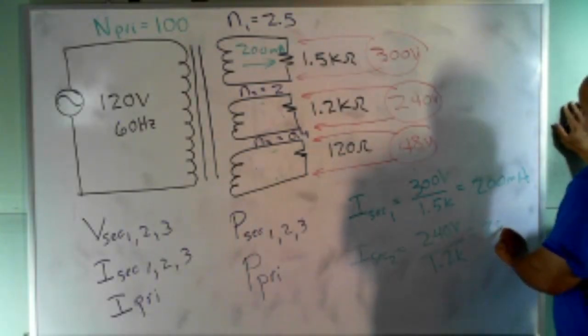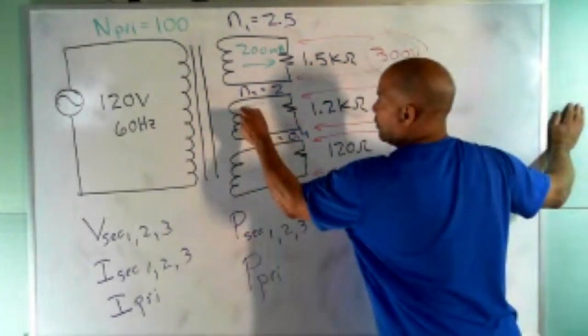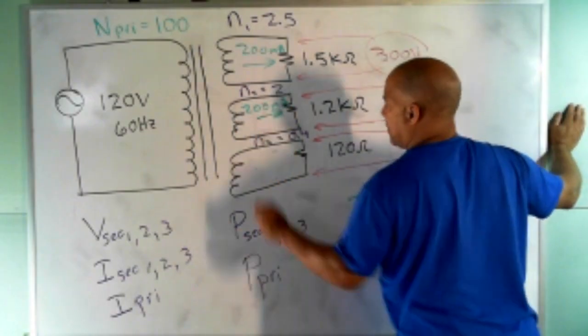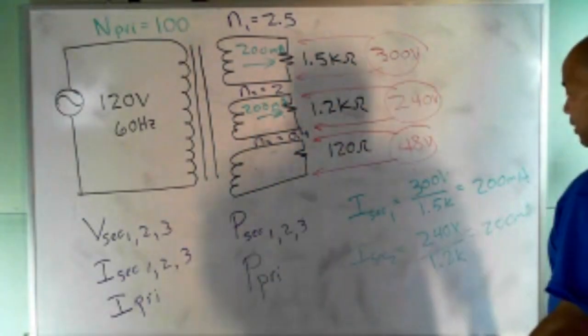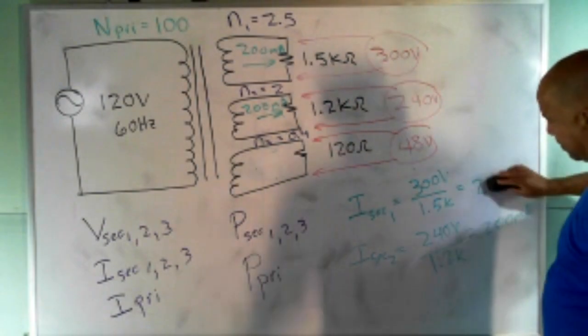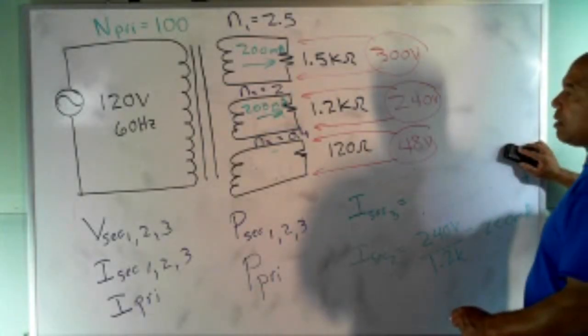Okay. That's interesting. So this is 200 milliamps. And then the last one, I got 400 amps. I'm sorry, 400 milliamps, I think.